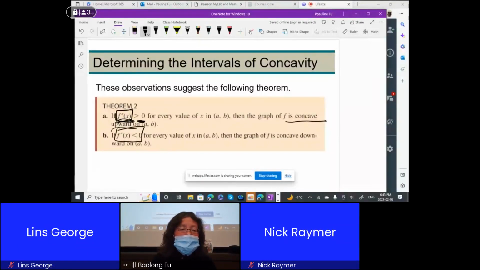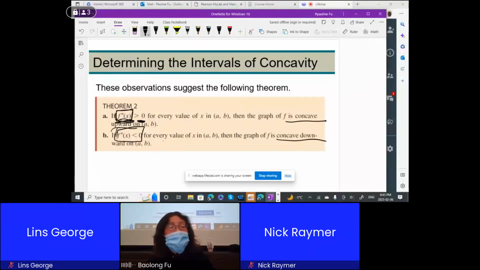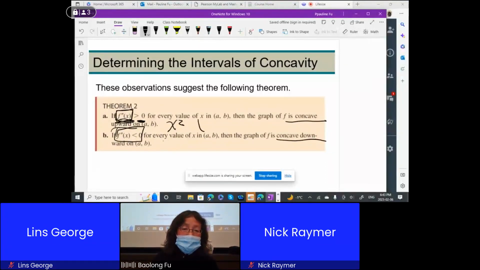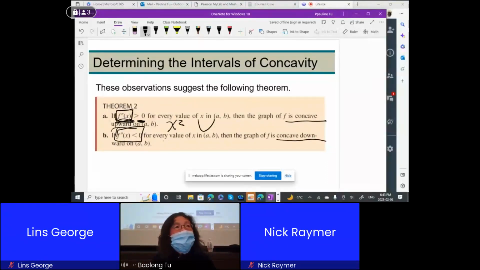If the second derivative is smaller than 0, concave down. The typical example to remember for concave up is the curve x squared. And for concave down, remember negative x squared.